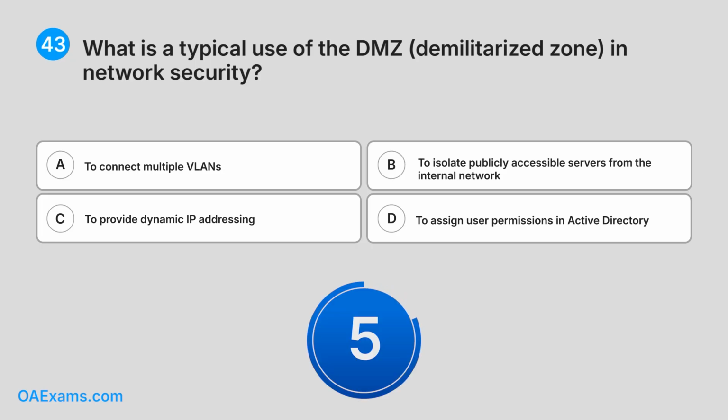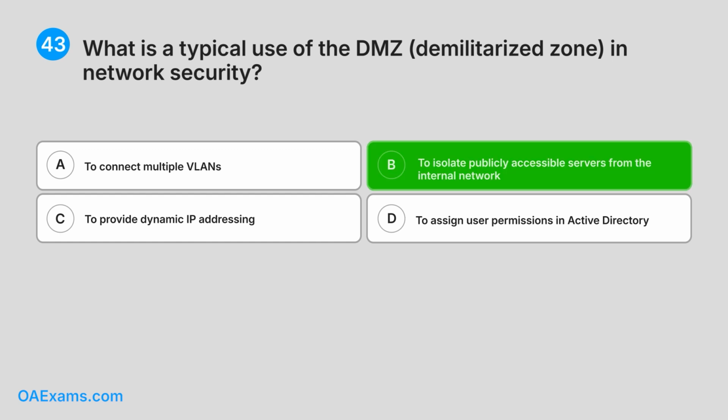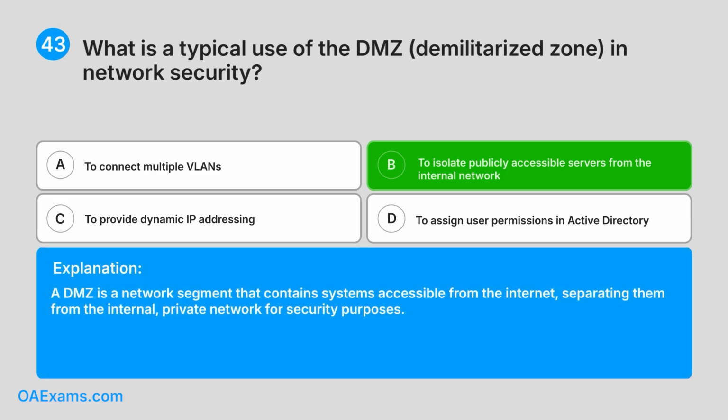What do you think is the answer? Correct answer: B. To isolate publicly accessible servers from the internal network. Explanation: A DMZ is a network segment that contains systems accessible from the Internet, separating them from the internal private network for security purposes.